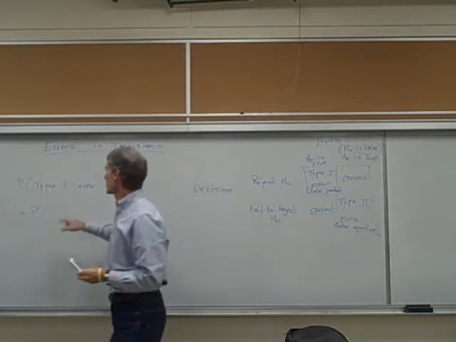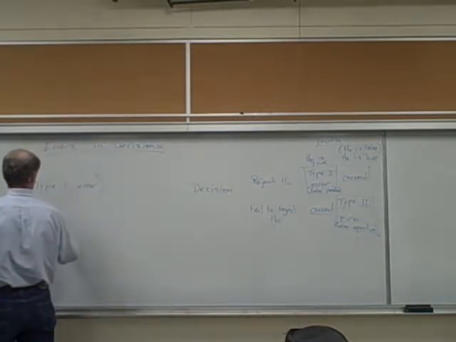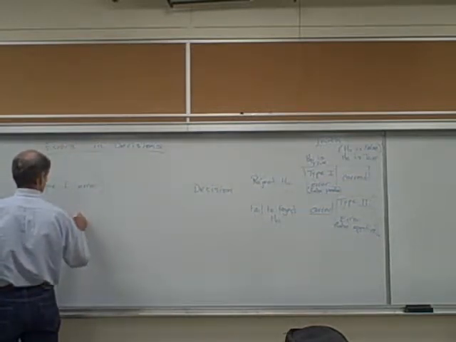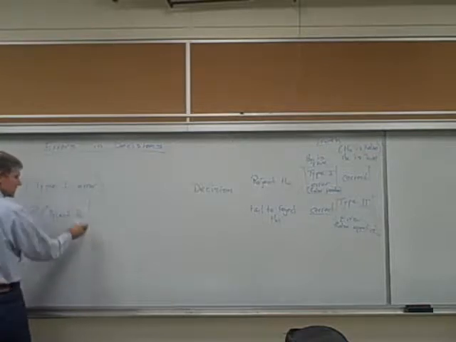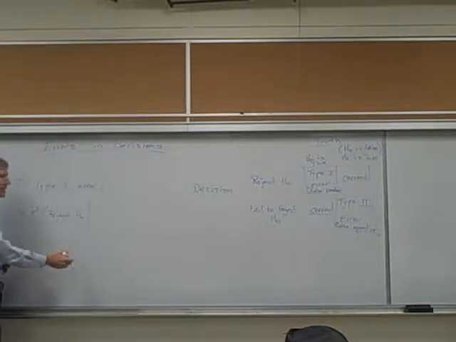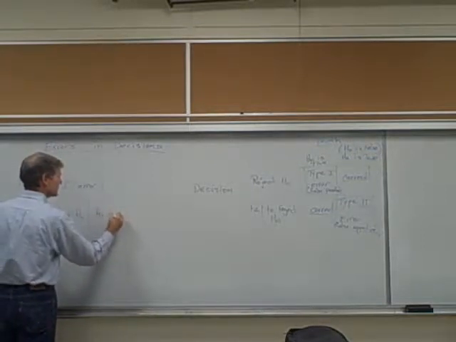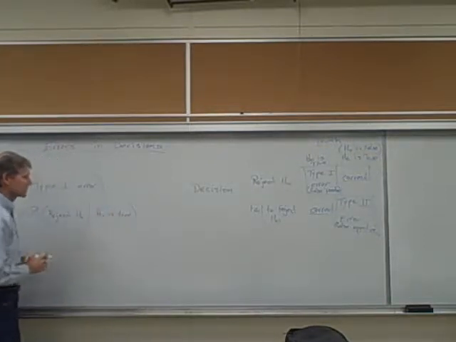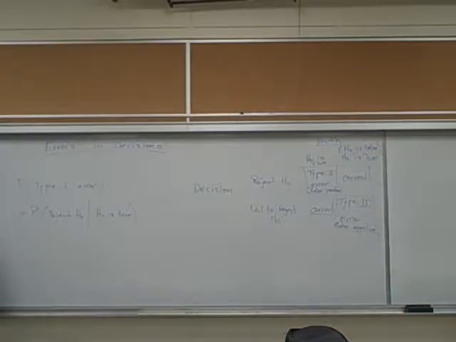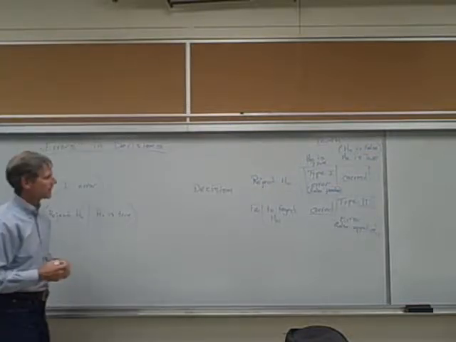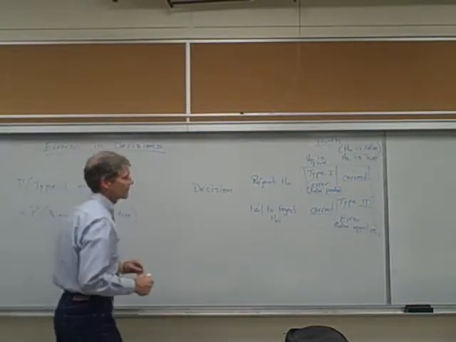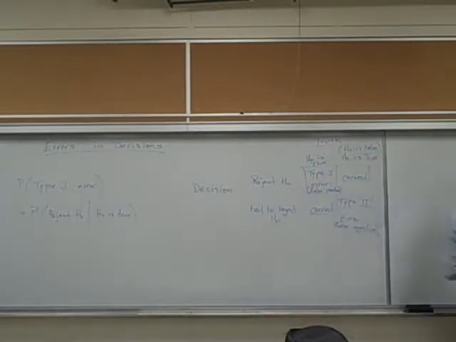So that probability is the probability that you reject the null given, so this is the conditional probability, given that the null is true. Okay? Now, let's think about this from one of the example problems that we did.